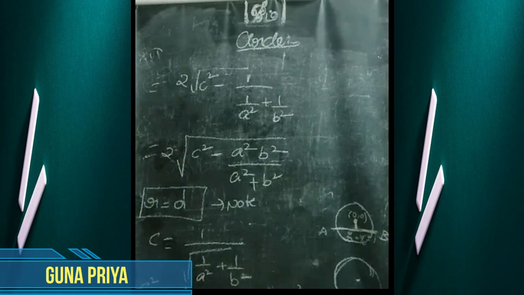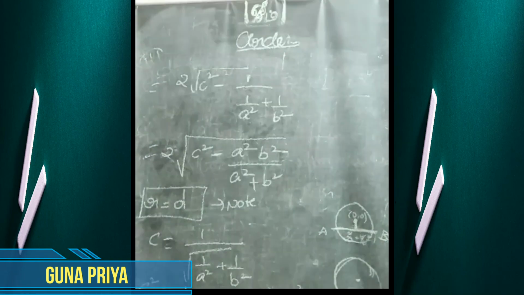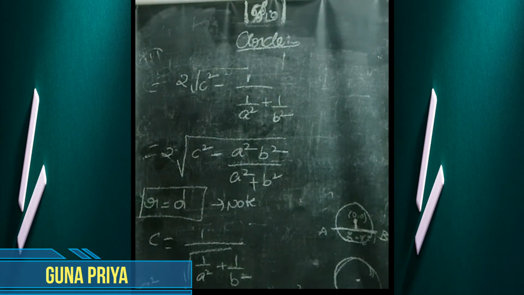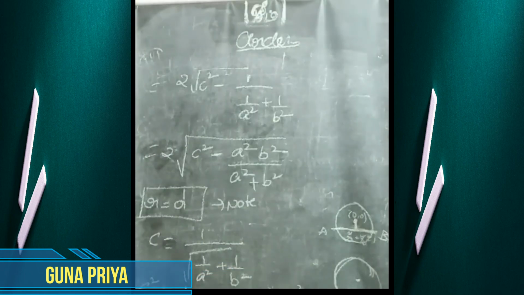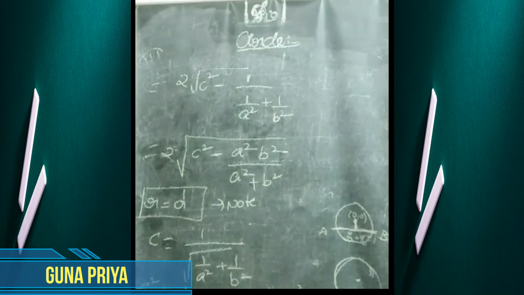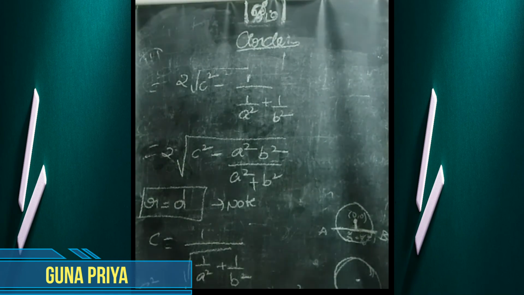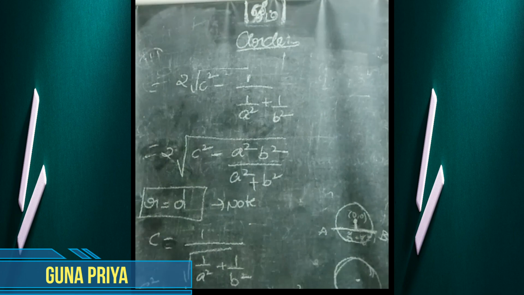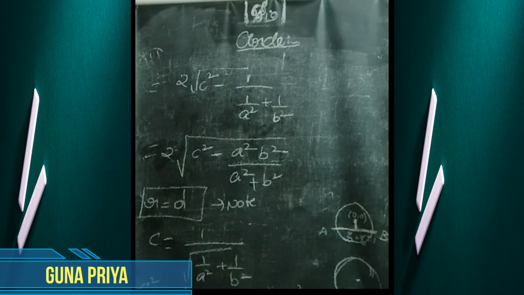So this is the answer for this. After deducing the equation, that means the length of AB after deducing to the line of a circle, the answer is c square equals to a square b square by a square plus b square. Okay. Now our first problem is completed.